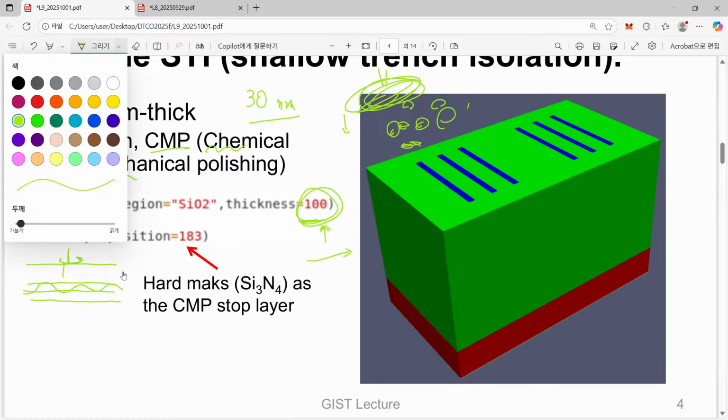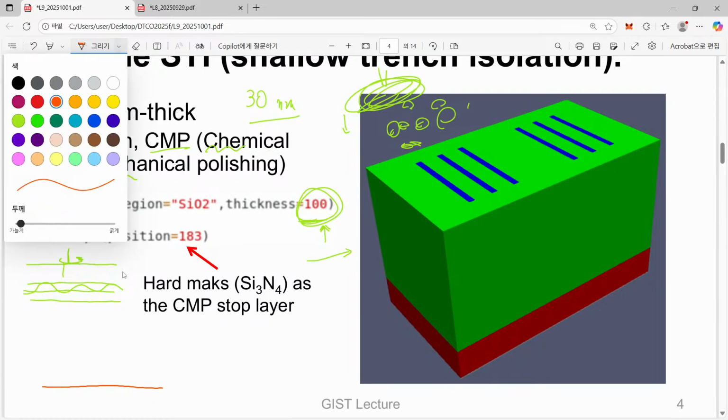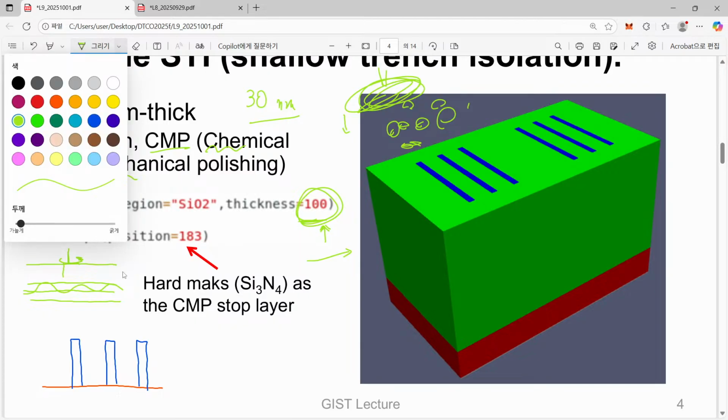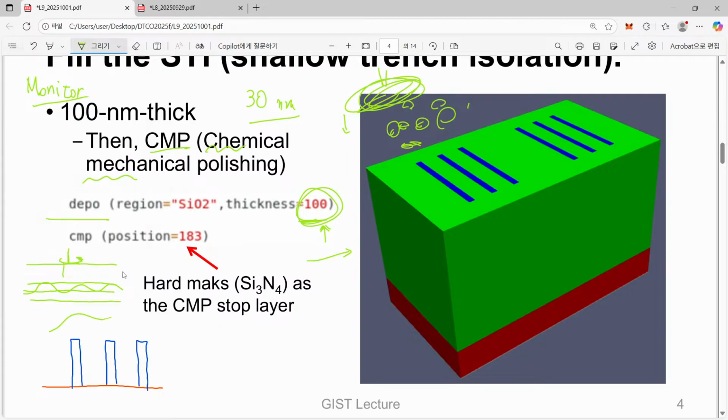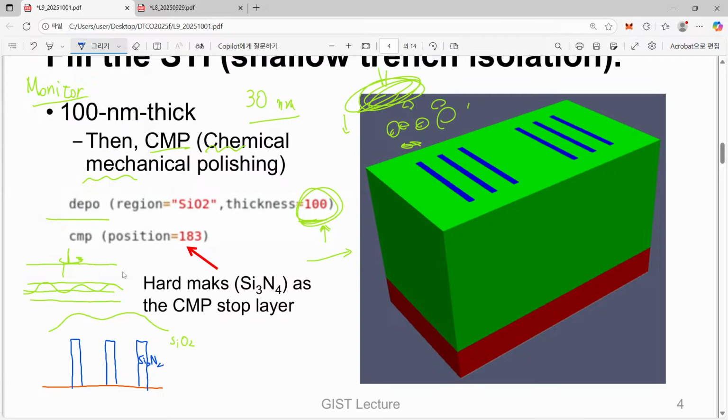Please understand my drawing is not perfect, but anyway, let's say that this is a silicon surface, and this corresponds to the hard mask, and also we have introduced a very thick silicon dioxide, SiO2 in this case, and here we have silicon nitride, and let's try to perform this CMP.